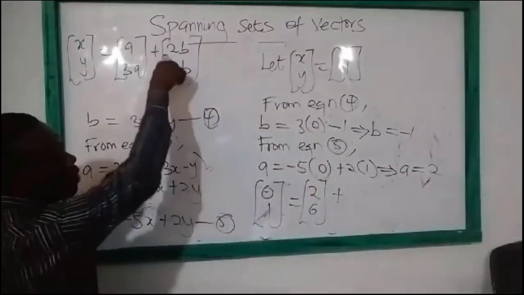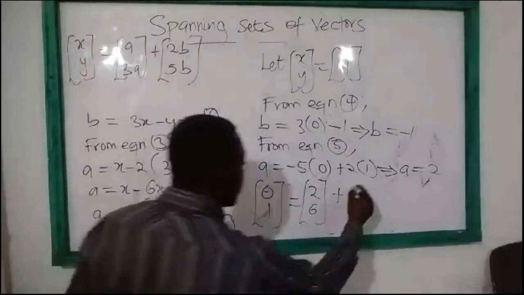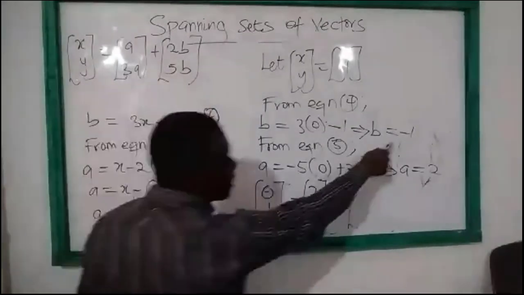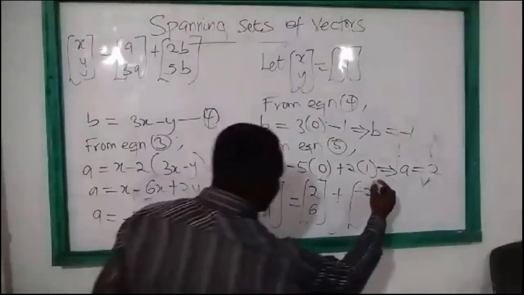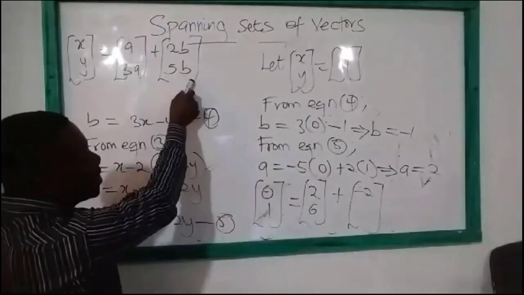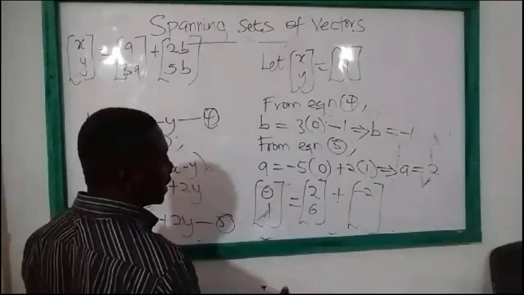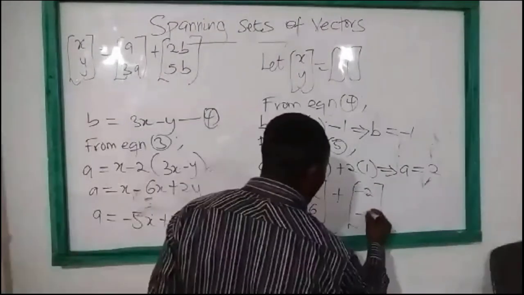Plus, we also have 2B and then 5B. So 2 times B, B is negative 1, so it's going to be negative 2. And then 5B. We know B to be negative 1, so we are going to get 5 times negative 1, which is negative 5.